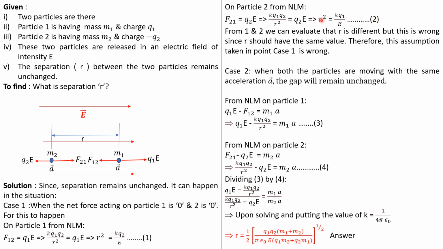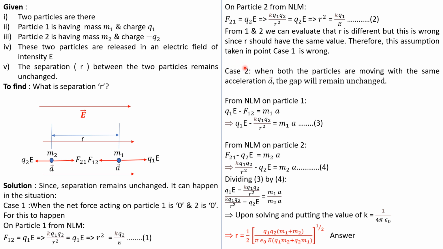But you can see the R value should be only one, because the initial condition is that the particles are released in the electric field at a certain distance that we have assumed as R. So R should be only one. So consideration of this case will be wrong for the separation R to be the same.